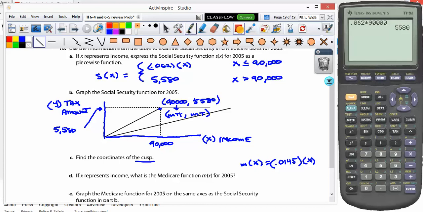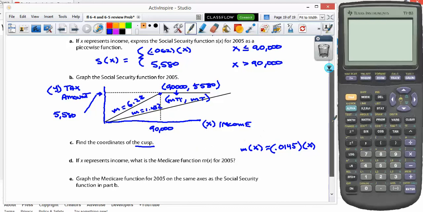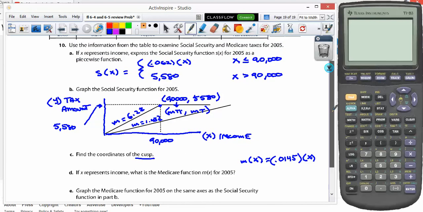If I had to look at slopes, my slope here is 6.2%. My slope here is 1.45%. And that's number 10.